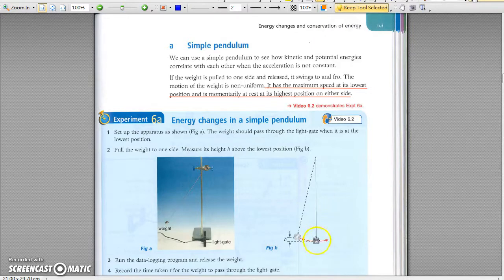It has a maximum speed when it is at the lowest position, and hence a maximum kinetic energy there. Its kinetic energy changes to gravitational potential energy as it rises to one side. At that time, its speed becomes smaller and finally it is at rest when it is at the highest point. At that time, the Gpe is a maximum.